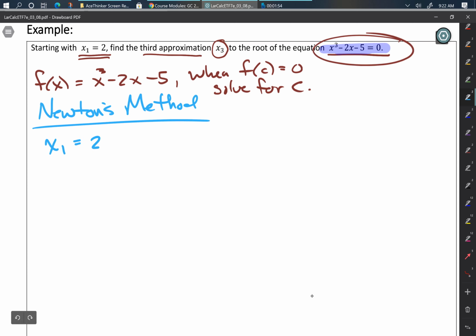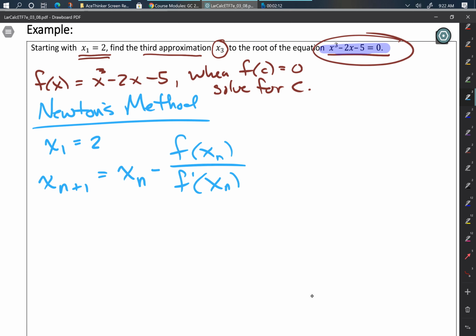In this case, we are going to start at 2, and then find all the next values in the sequence, x sub n plus 1, by taking the previous minus the function value at the previous divided by the derivative at the previous. Okay? Now, I already know f of x. It's right there, so I'm good with that numerator. But I do not yet know the derivative, so I'm going to need that.